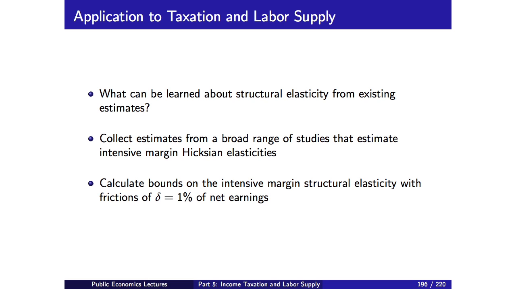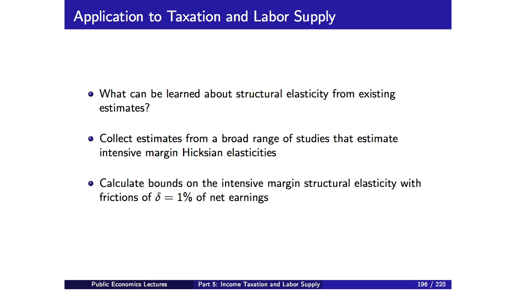So we're going to take estimates from a broad range of studies that estimate intensive margin Hicksian elasticities, like the ones we talked about, and we're going to calculate bounds on the intensive margin structural elasticity, allowing for frictions of 1% of net earnings, just as an illustration. What does that mean, by the way, just to be clear? It's allowing for the possibility that everyone in the economy is making decisions such that on average, we're losing 1% of GDP every single year because of suboptimal decisions.